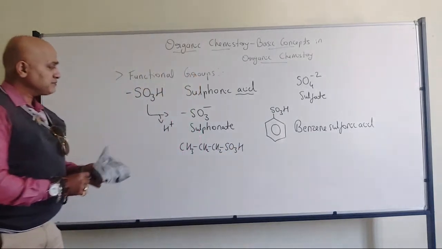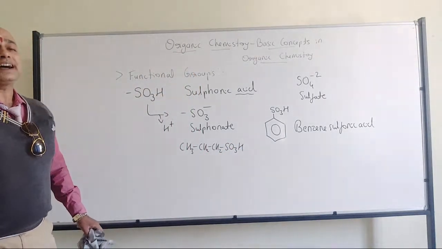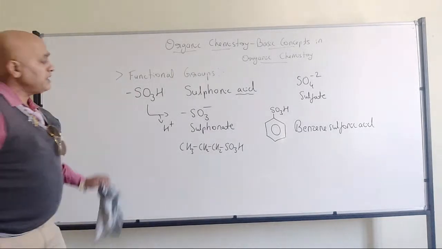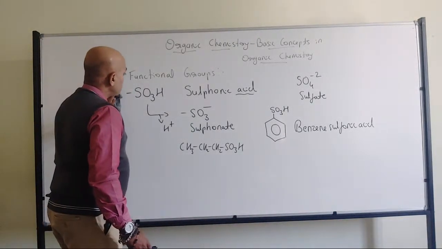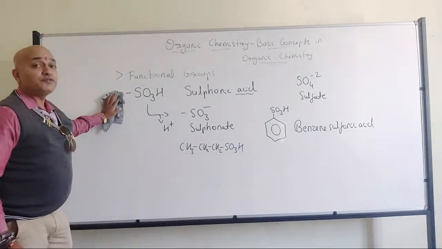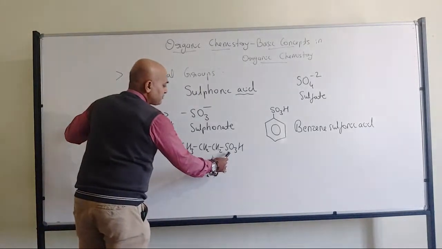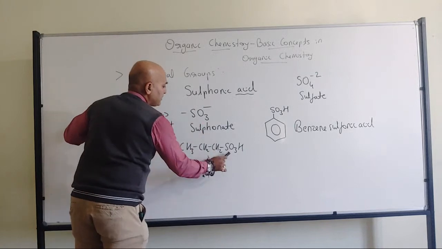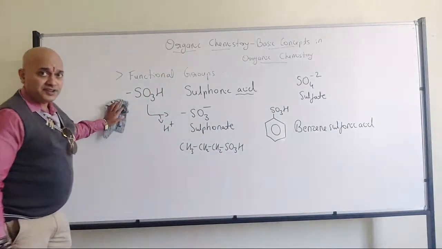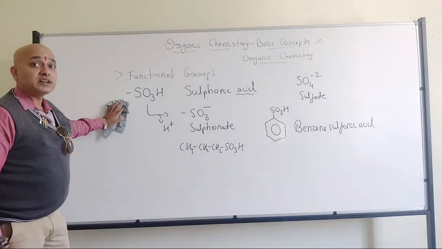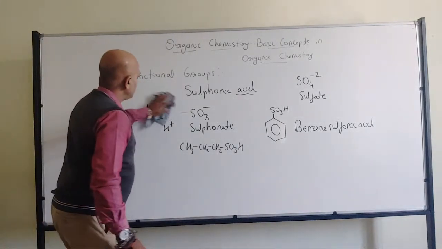So the name of the molecule should end with sulfonic acid. Now if you observe, this functional group does not have carbon in its structure. Sulfonic acid does not have carbon in its structure.